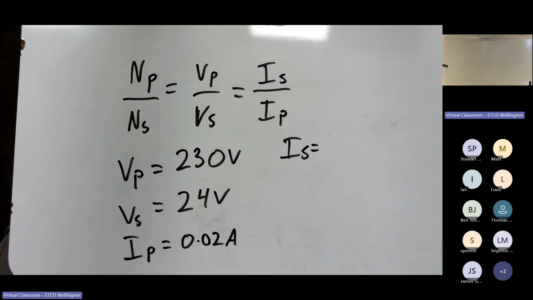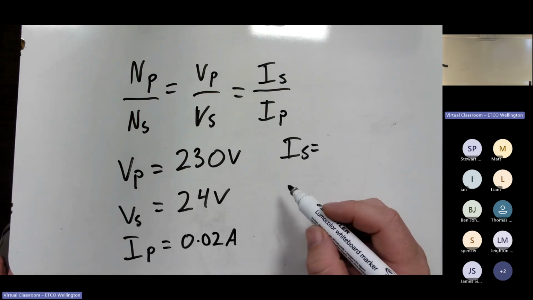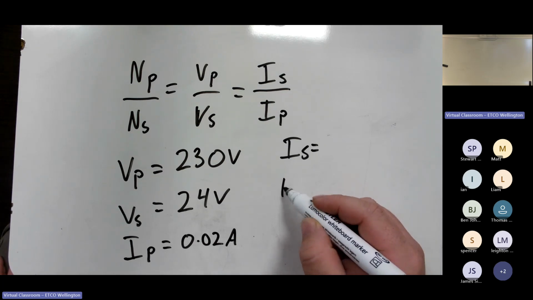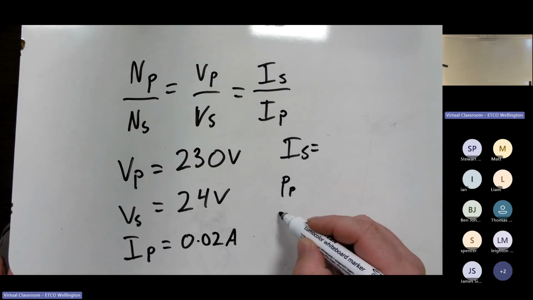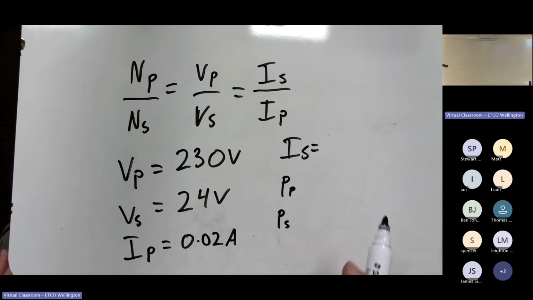I'll wait till more of you have a guess, and then I'll go through it. But after you've done the I secondary, have a go at power in the primary, and then power in the secondary. This is assuming no losses though.